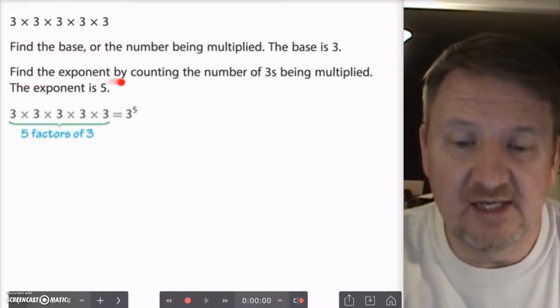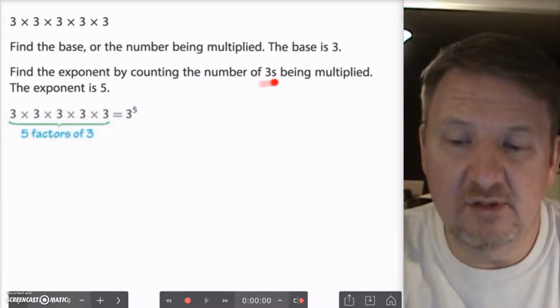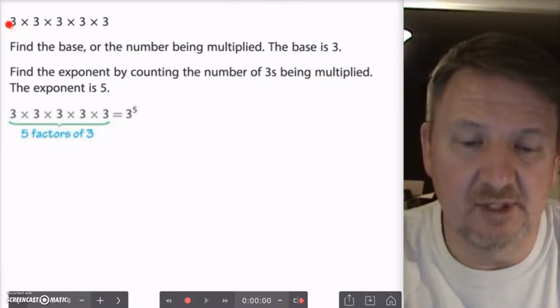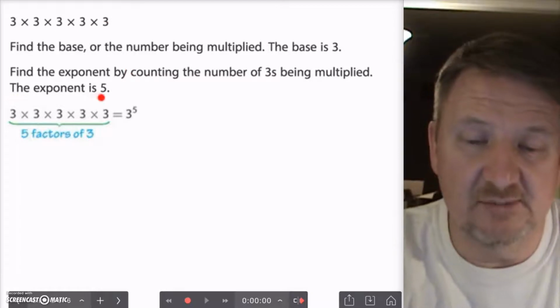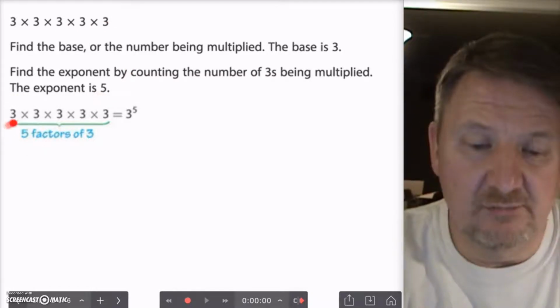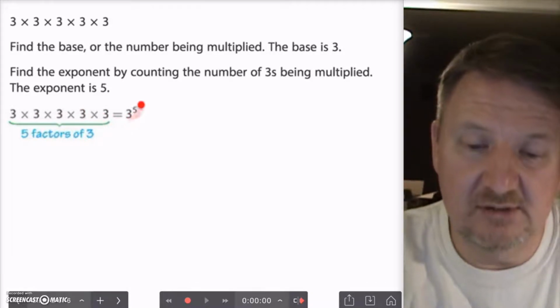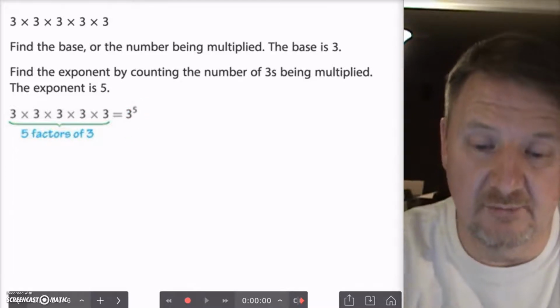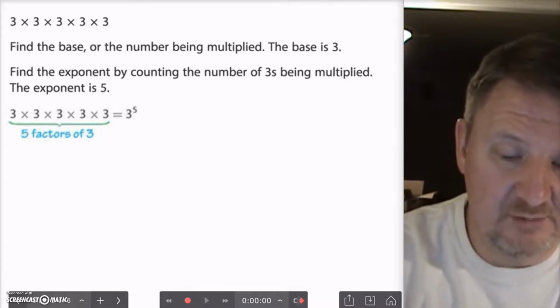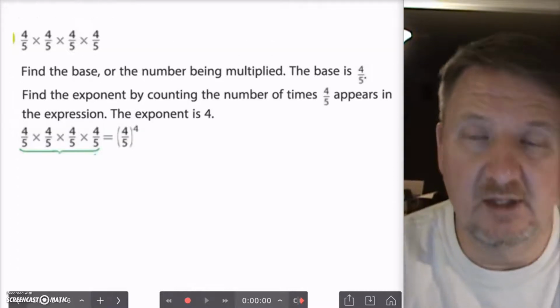Find the exponent by counting the number of 3's being multiplied. So we got 1, 2, 3, 4, 5. The exponent is going to be 5. So 3 times 3 times 3 times 3 times 3 is the exact same thing as 3, which is the base, to the 5th power, which is your exponent. Okay, 3 to the 5th power. Should be fairly easy. Let's look at another one.